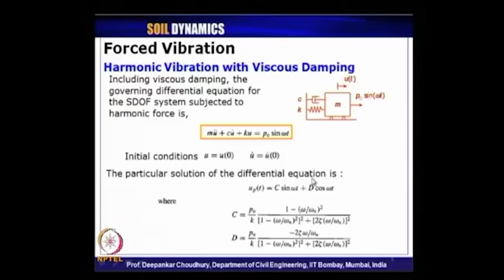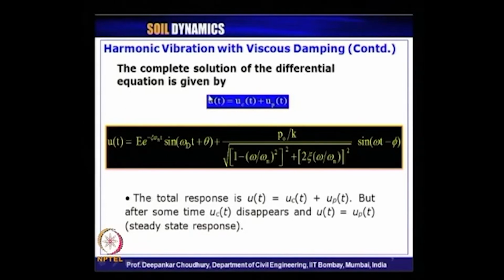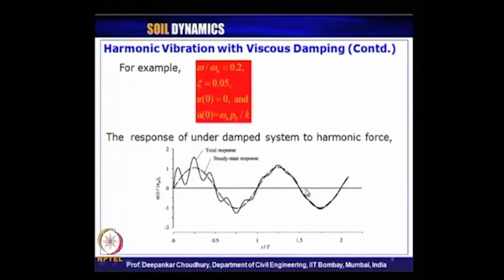So, the particular solution, as I have mentioned, is computed like this for this equation, and the particular solution is expressed in this form and the complementary function is expressed in this form. Then we get the total solution as the summation of the complementary function and the particular integral, where the particular integral gives us the steady state response and the initial condition part gives us the transient state.